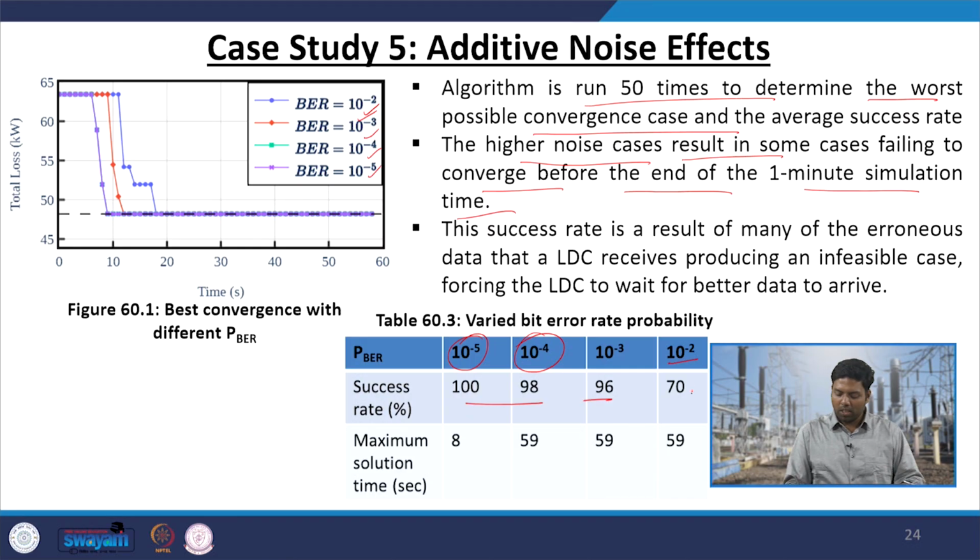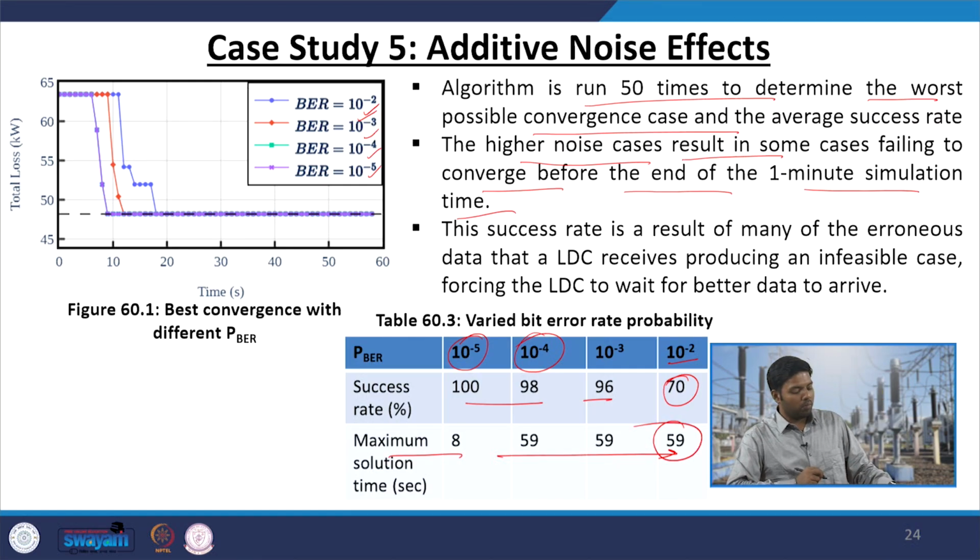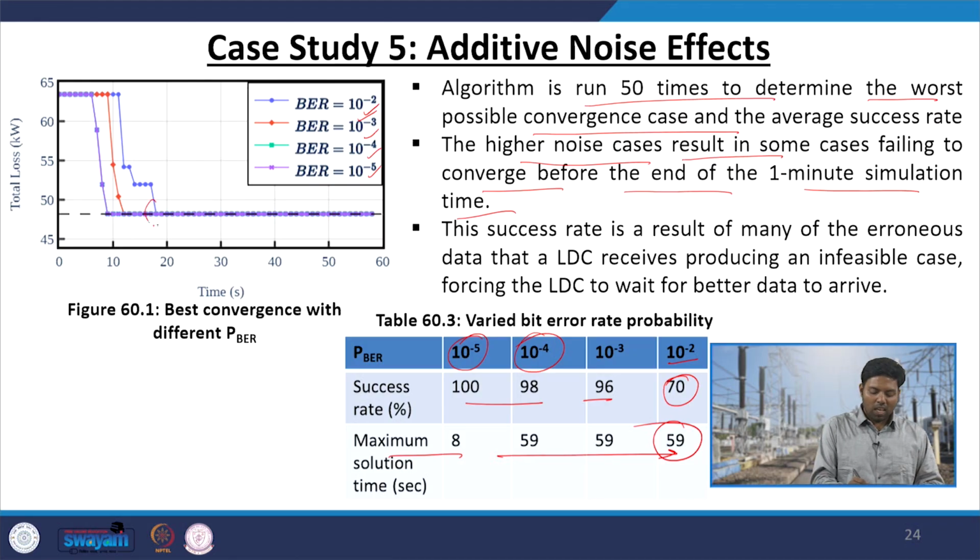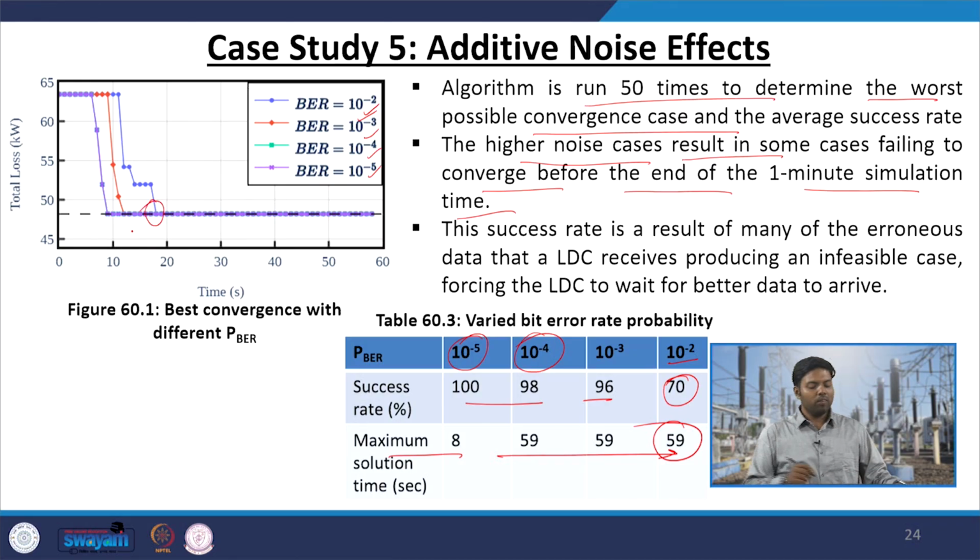But if it is 10 to the minus 2, the success rate is reduced to 70%, and the solution time is huge, around 59 seconds for the worst case. Even the best case is not 8 seconds for 10 to the power minus 2; it is around 18 seconds.